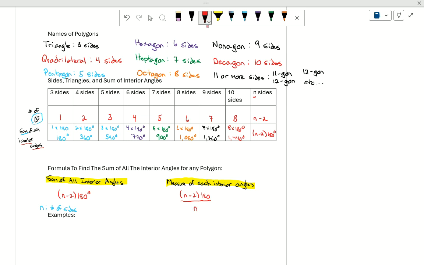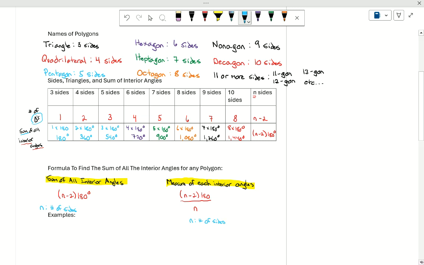So the n minus 2 times 180 part of the formula tells me the sum of all the interior angles. And if I want to know how many degrees each interior angle is, then I divide by n. And just like in the previous formula, n stands for the number of sides of the shape.